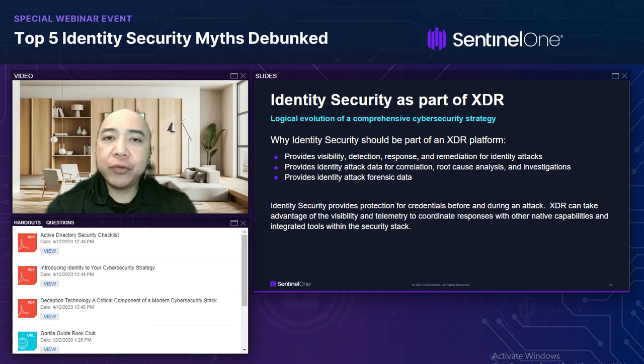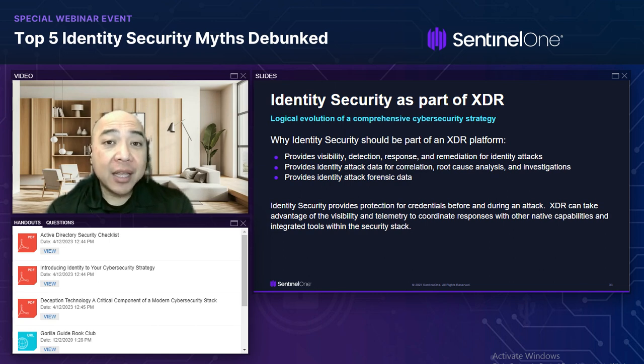And really, if you think about it, identity security is a logical evolution of a comprehensive cybersecurity strategy to include it as part of XDR, right? So why should you do that? Well, you're getting visibility, detection, response, and remediation for identity-based attacks if it's part of your XDR solution, right?